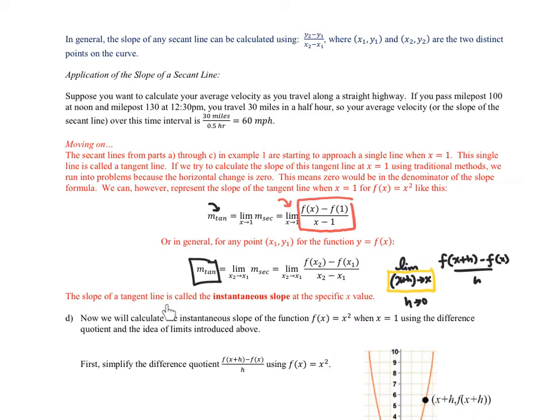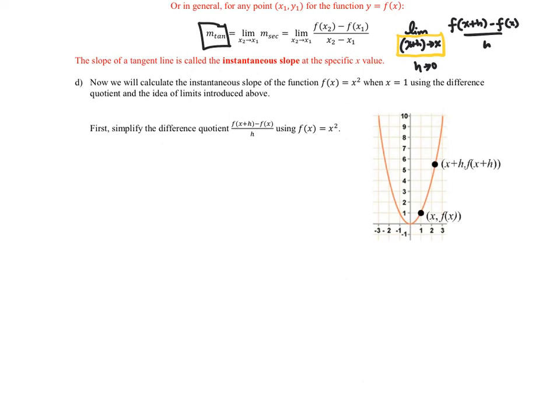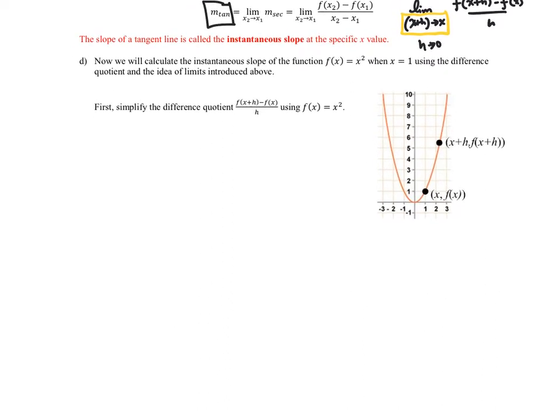But first, the slope of the tangent line, as we've mentioned a number of times prior, is called the instantaneous slope at a specific x value. So we're going to calculate the instantaneous slope of the function f of x equals x squared when x equals 1. So we're getting to what we want, right? We had the slope on the interval from 1 to 3 of the secant line was 4.